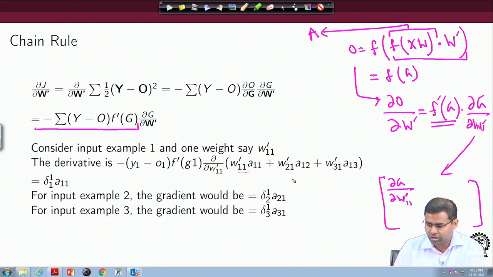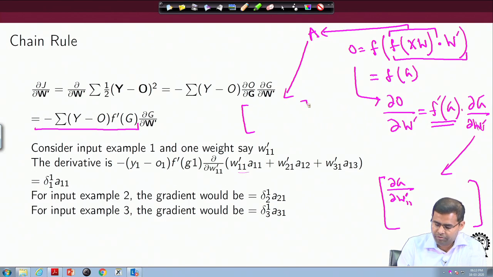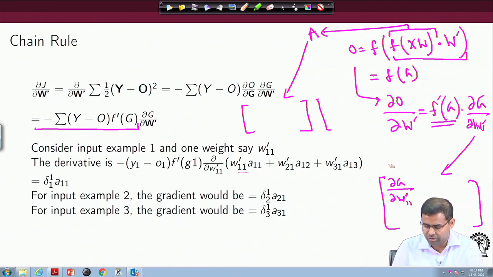Just to make it clearer, how does a really look like? We are considering a followed by w prime, right. So, a will have a matrix form, and there we have w prime with all those values. If we just take the first part, then I have w11 prime multiplied by a11 plus w21 prime a12, w31 prime a13, like that.